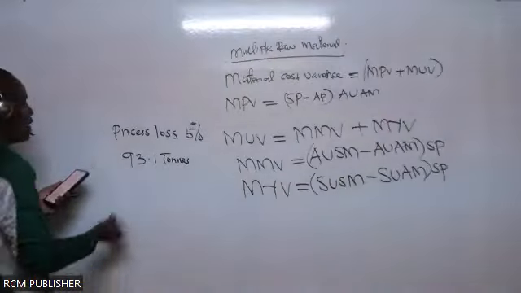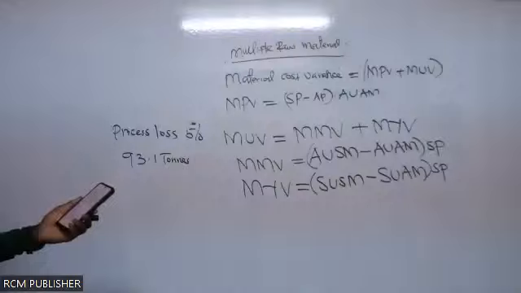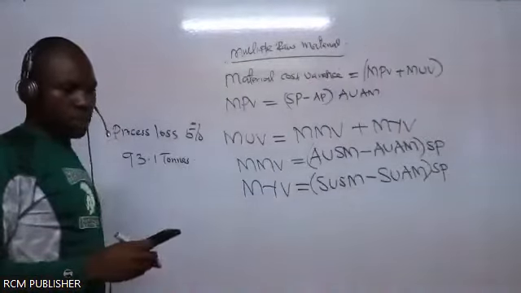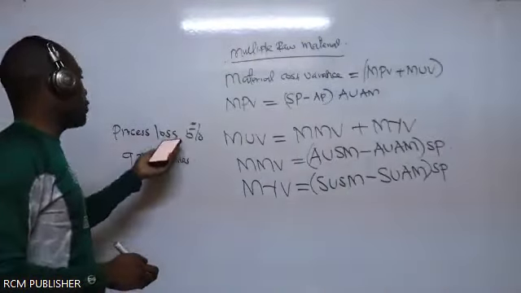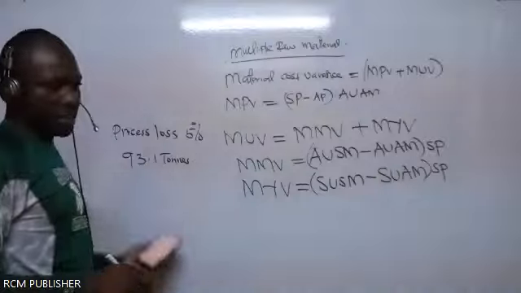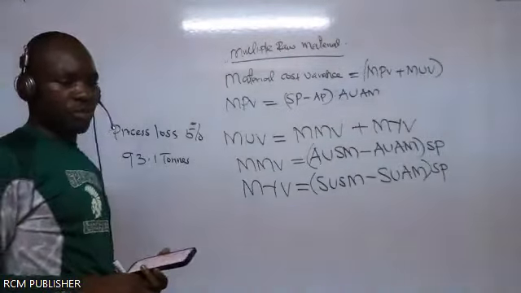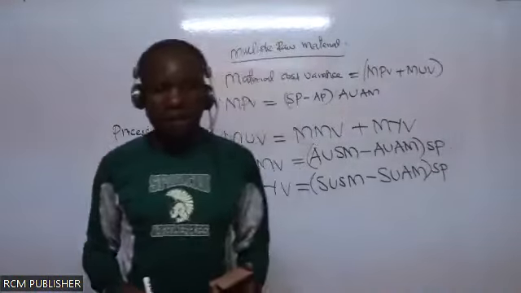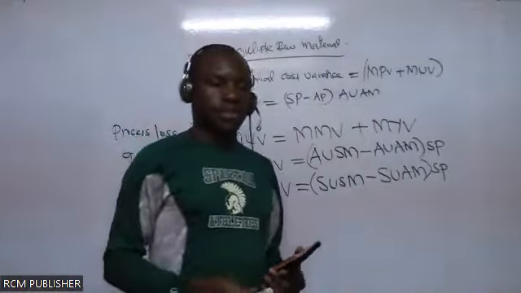What percentage does this represent? A process loss is 5%. So the output we have here is 93.1 tons. Are we able to know the percentage that 93.1 tons represent?